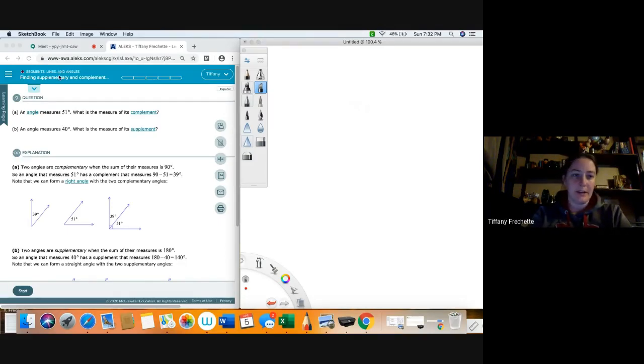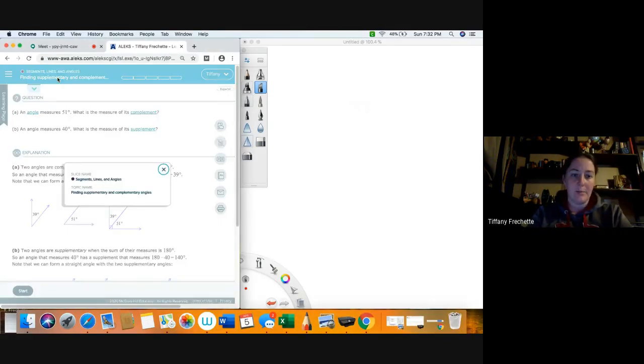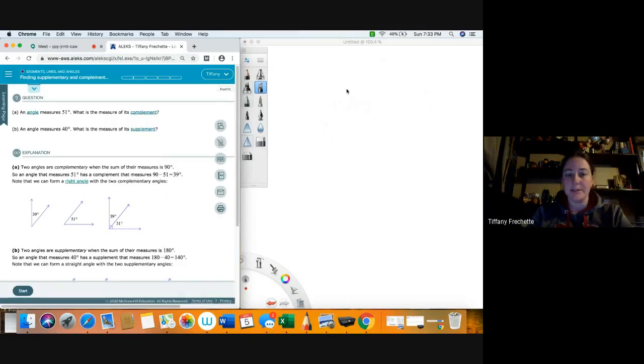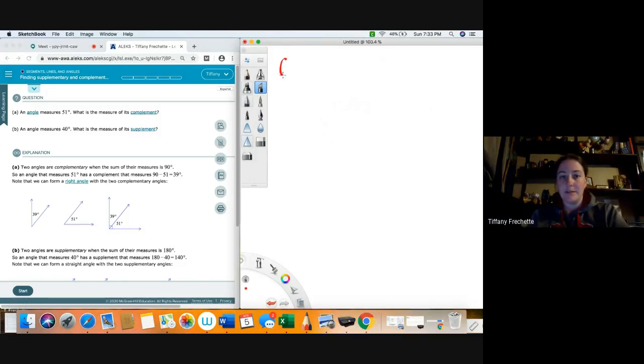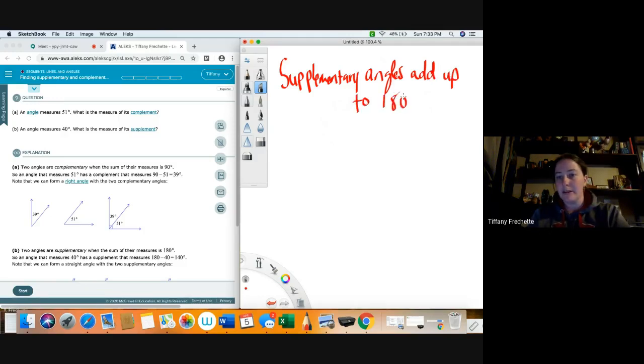Finding supplementary and complementary angles. All right, so we've talked about this a little bit in some of the other videos, supplementary specifically, not complement yet. So supplementary angles add up to 180 degrees.